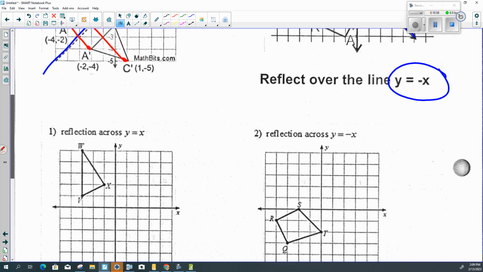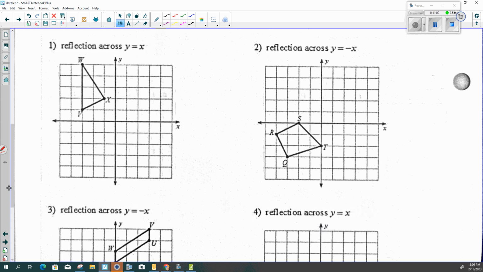So let's look down to the next one, see if we can figure this one out. Please draw your line of reflection. Where does y equal x? So if I were you, I would take your paper and turn it so that your line of reflection is going exactly up and down.